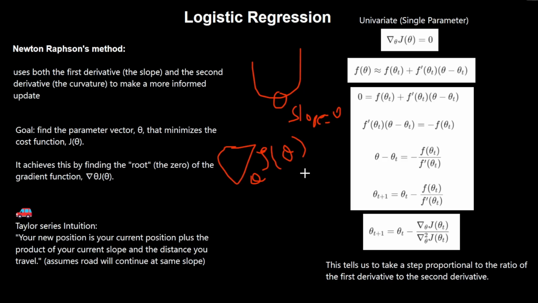So if we equate this derivative or the slope to 0, you can easily find the values of the parameter vector so that we can directly get the global minima here. If we find the solutions by equating to 0, we can directly find the answer. That is the key idea here.